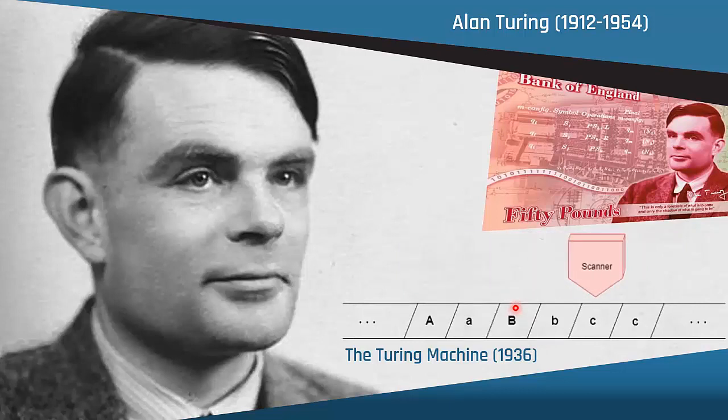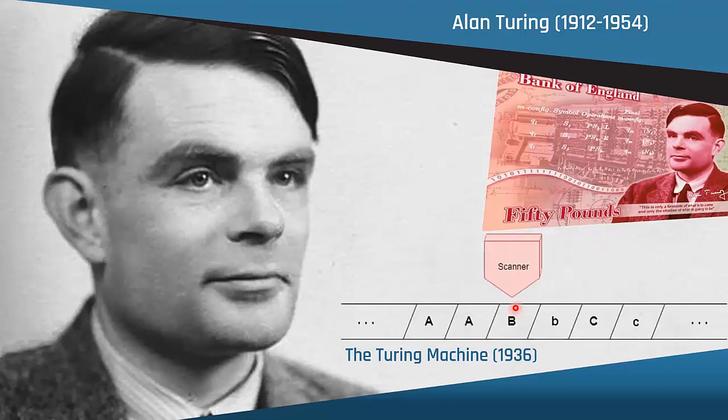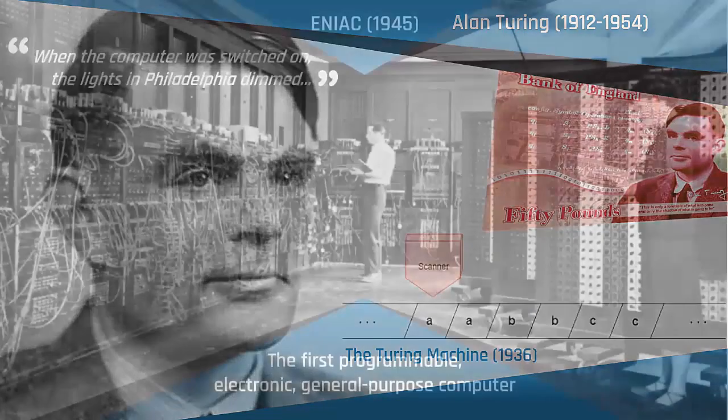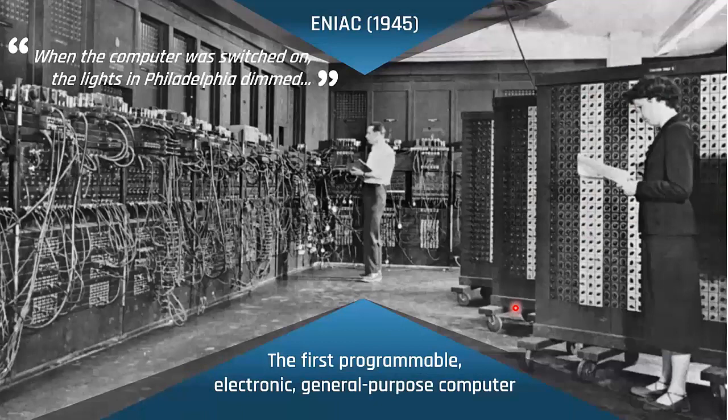And who knows what he would have achieved in his lifetime if he had lived to an older age. But Britain at least put his face on the 50-pound bill to repent for their sins.